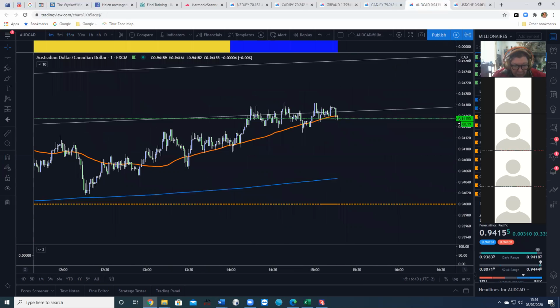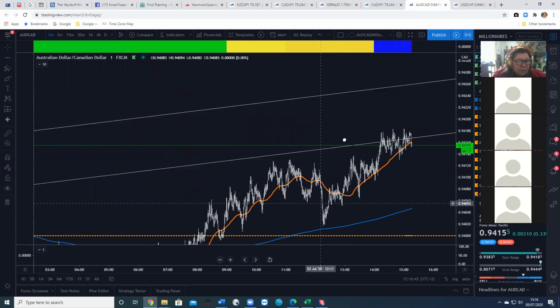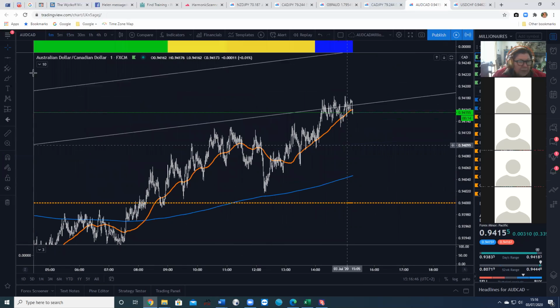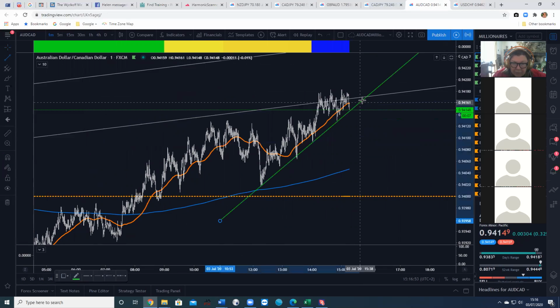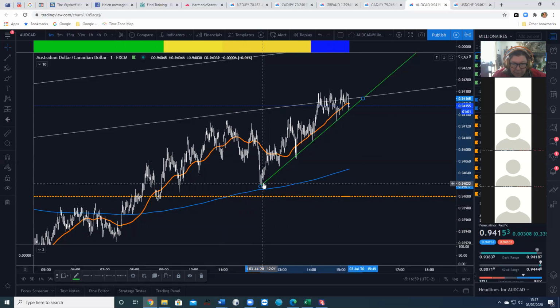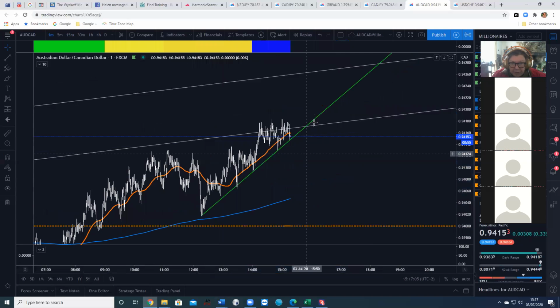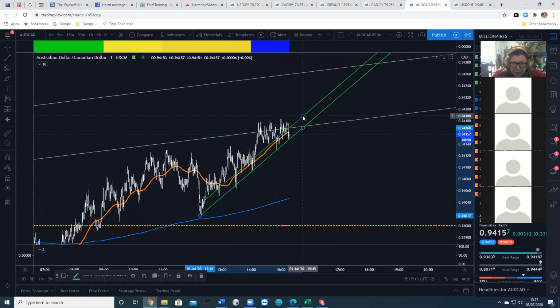That's a nice slow pair, 4 out of 10. And that's got a very nice trend on it. So that's got its higher lows forming, and I don't often trade the channel.